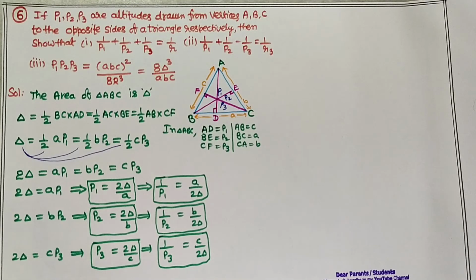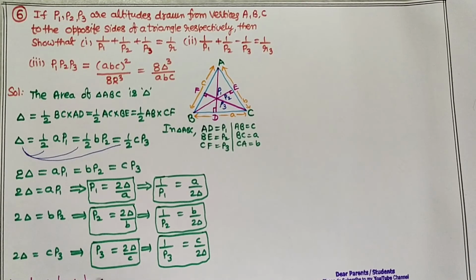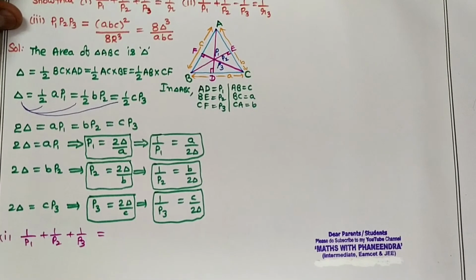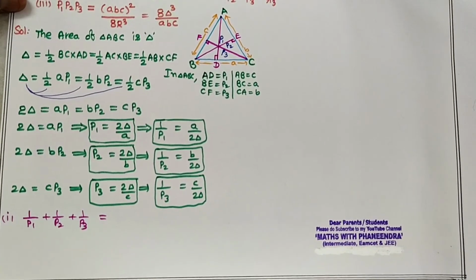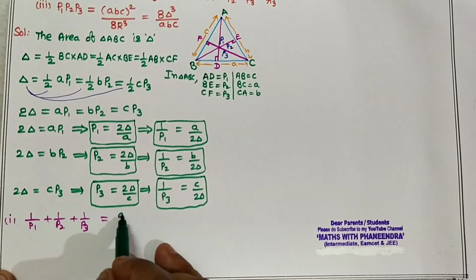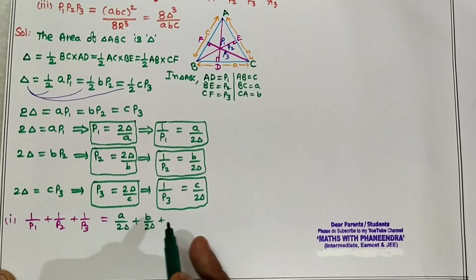Take the first one: 1 by P1 plus 1 by P2 plus 1 by P3 is equal to. This is the first question. Substitute the respective values directly: A by 2 delta plus B by 2 delta plus C by 2 delta.